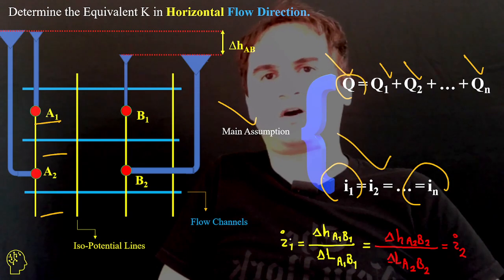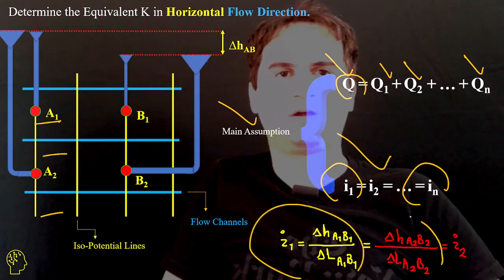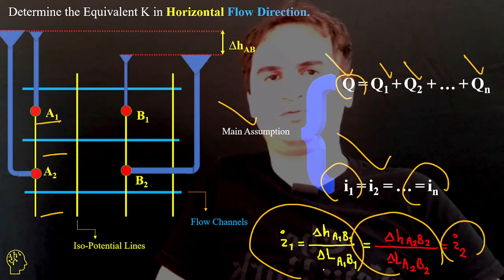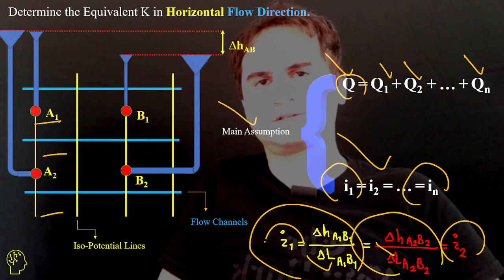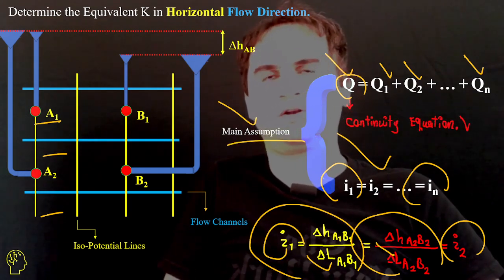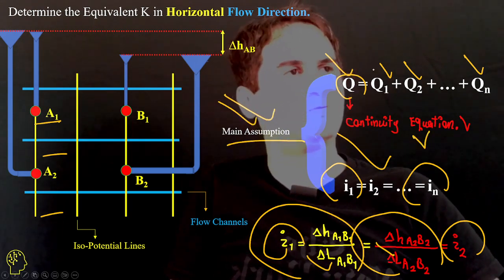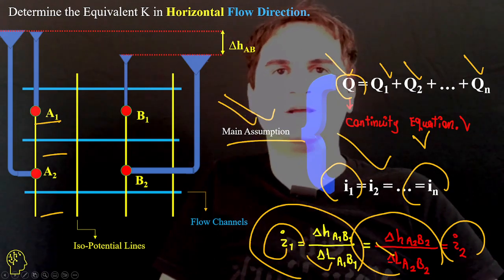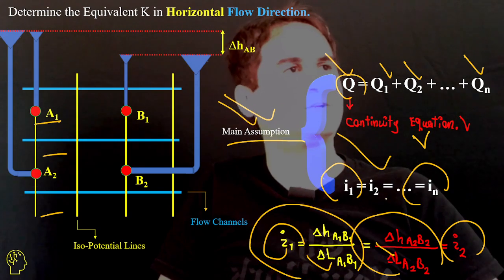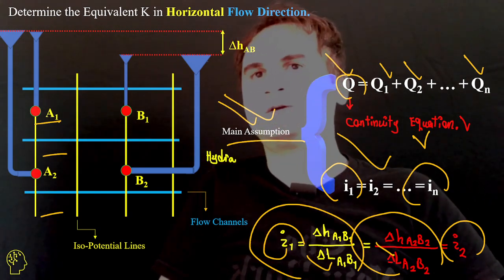I1 is equal to this amount, the same as I2, delta H over the same amount of length, which gives us the hydraulic gradient. The first equation in our main assumption comes from the continuity equation, where fluid is just divided into different branches, and the other one comes from our drawing, which says hydraulic gradient remains the same in horizontal flow condition.